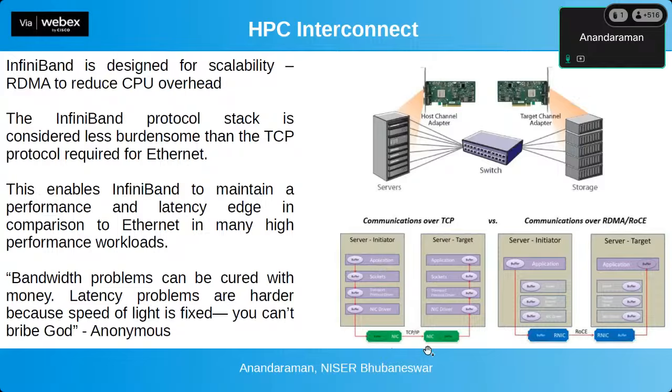Here encapsulation happens, and here header removal and decapsulation happen. But here the application directly contacts the RDMA-enabled NIC, network interface card, and it can be RDMA over Converged Ethernet, or EDR, XDR. The medium can be anything.